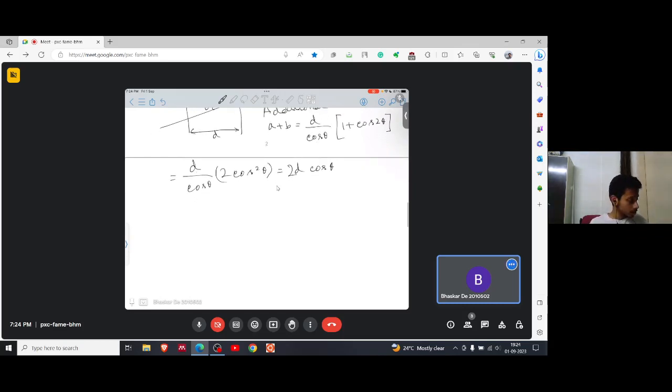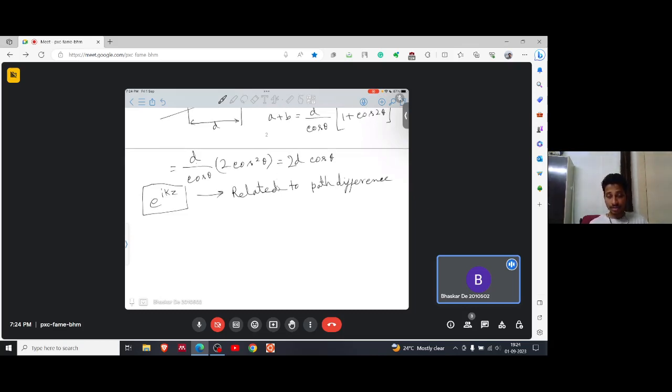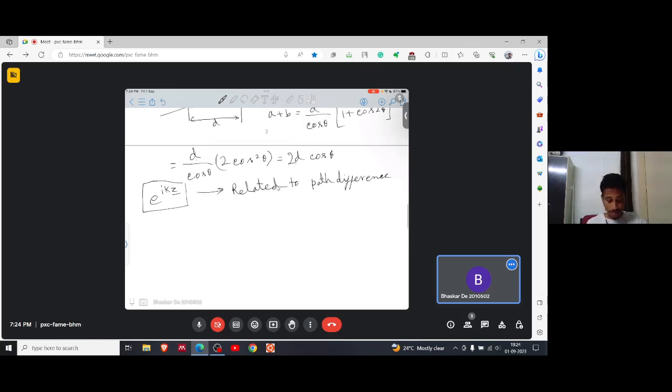So now I will calculate the term phi. As we know, e to the power i k z is the phase term, so the phase difference that is introduced in the beam depends on the path difference, which here is written as z.